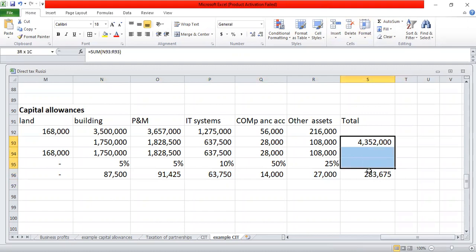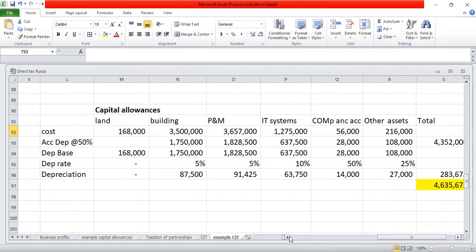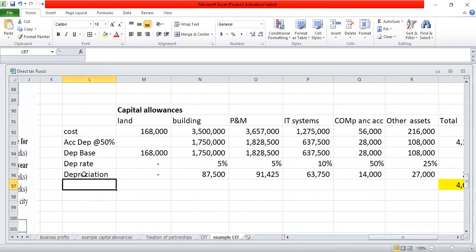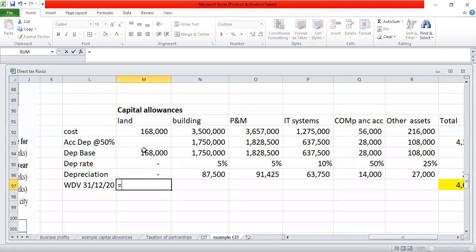So my total here will be this. So that will be the capital allowance that we are going to take to profit and loss for this year. I can get my written down value at 31st December, if I want, which will be this minus this.